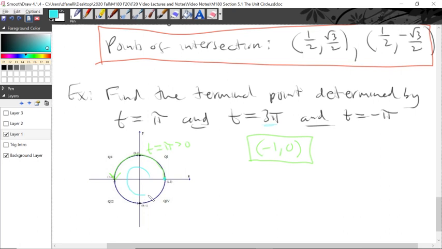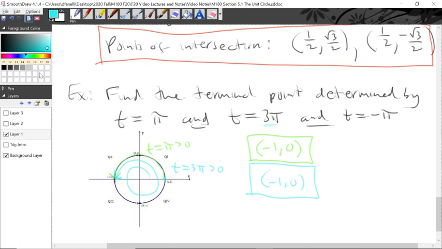So we go through a full rotation, and then back again. We're not spiraling outwards, we're actually moving along the circle itself. That's going to leave us off at exactly the same point, (-1, 0). If t is equal to 3 pi, and 3 pi is greater than 0, that's why we went counterclockwise again.